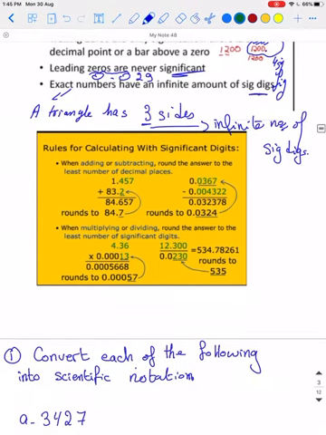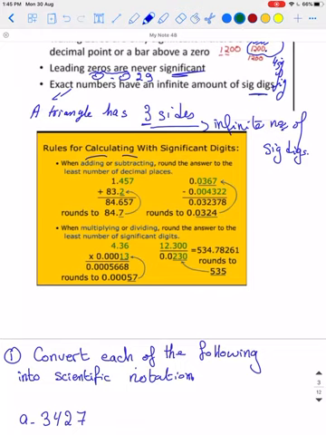In reality, there are rules that govern the calculation with significant digits. We will discuss rules for addition and subtraction, because the same rules apply for addition and subtraction, and another rule applies for multiplication and division.